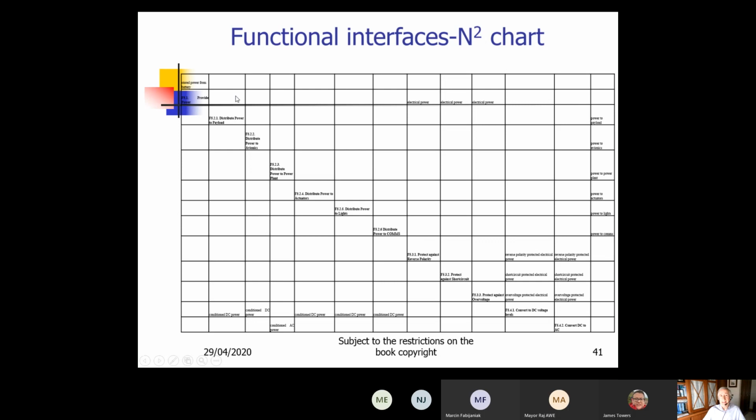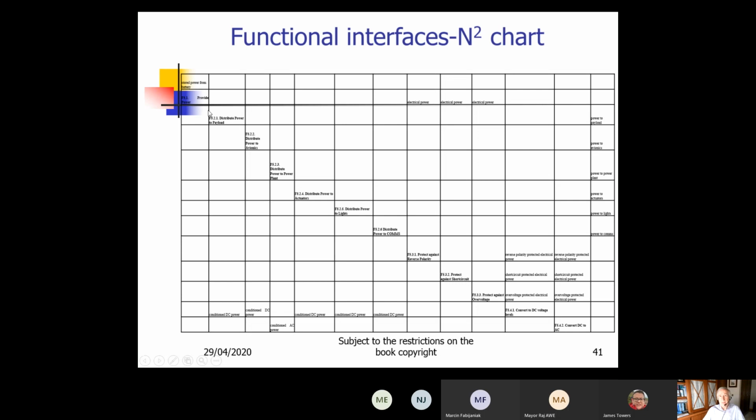And we represent in the rows and columns, in this case using the convention inputs in columns, if this function sends to this function, the input to this function is here. So inputs in columns. The row above all the functions is the items that come from outside, and this column is the outputs to outside.